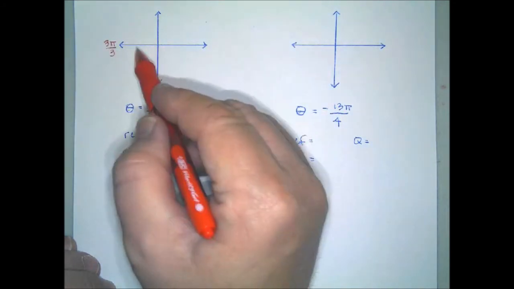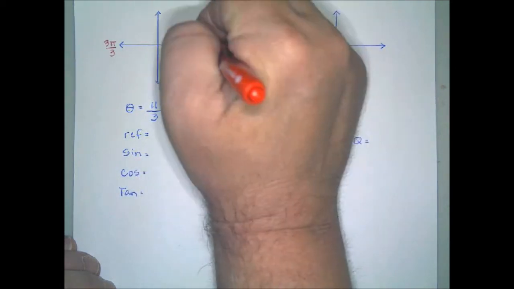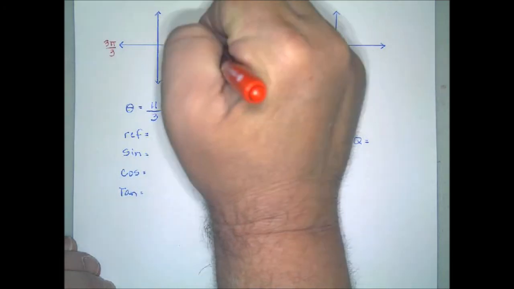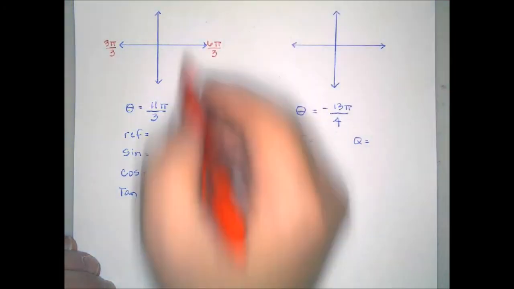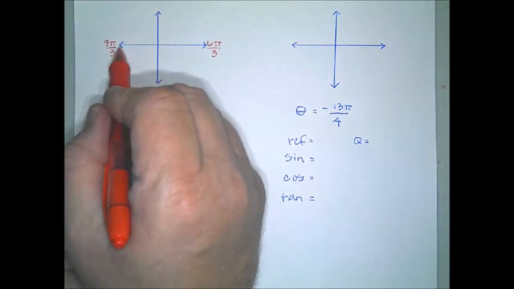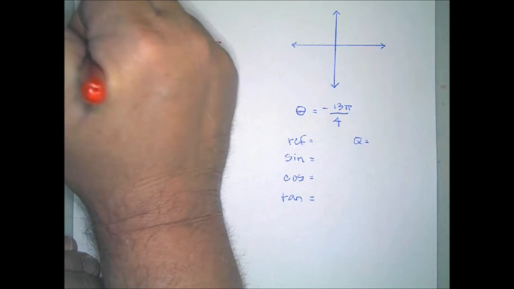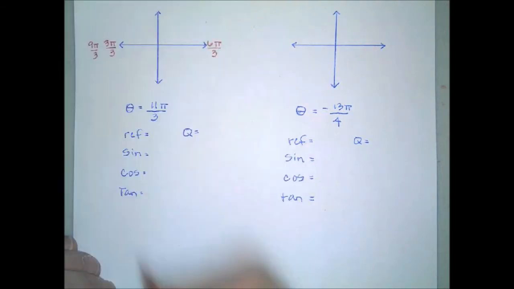Now, if I got all the way around the entire circle, I'd be at 6 pi over 3, because that's 2 pi. Now, if I made it all the way around again over here, I'd be at 9 pi over 3.